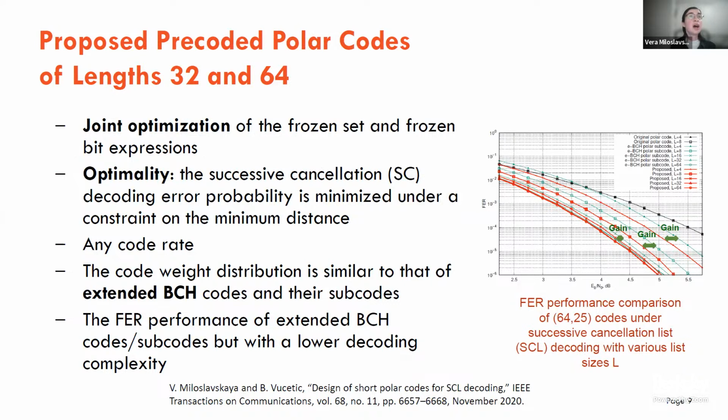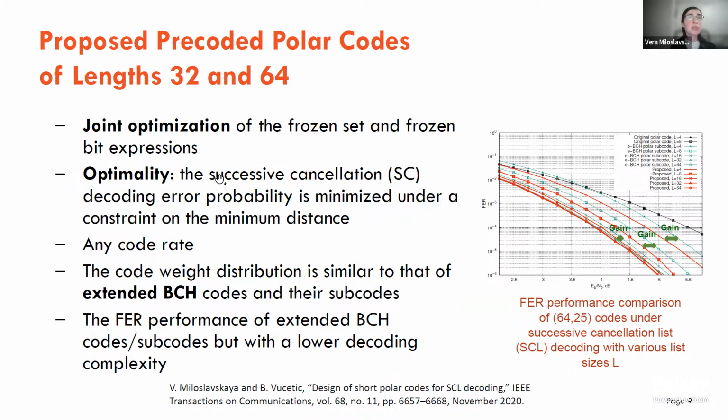Okay, how did we use those criteria in our code design? For very short codes like length 32 and 64, we can perform joint optimization of the frozen set together with the frozen bit expression.